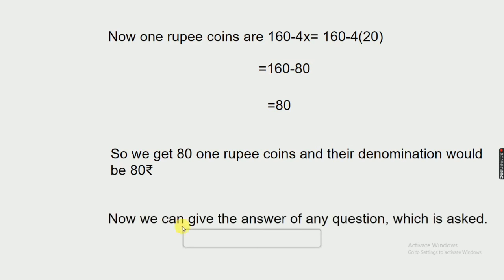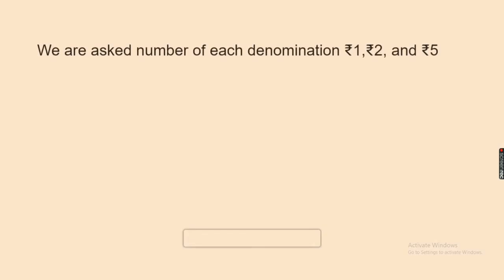So now we can give the answer of any question which is asked. If the question asks the denomination of 1 rupee coins, you can tell. If it asks the denomination of all rupees, then you can tell very easily.